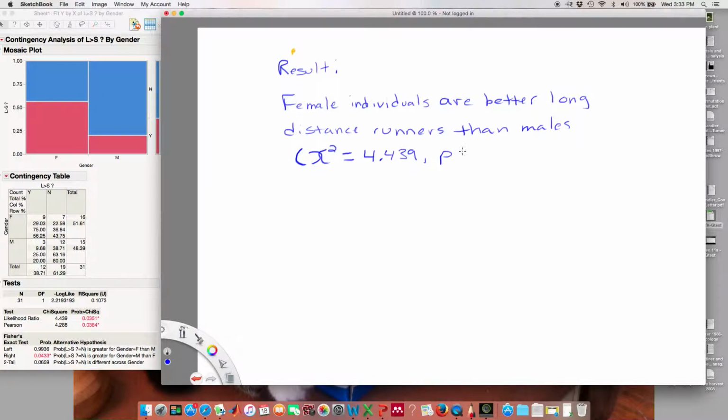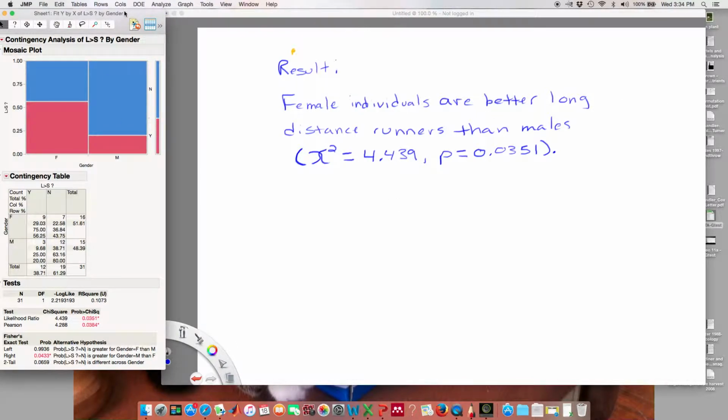And I would put my p-value, which was 0.0351. All right, and that answers my question. Now remember, my question was, does gender of an individual influence whether they are better long distance runners? And yes, female individuals, based on our G-test, are better long distance runners than males.